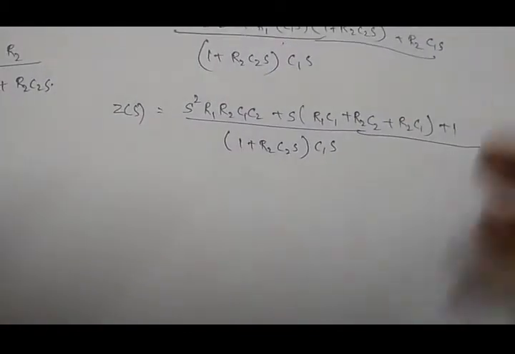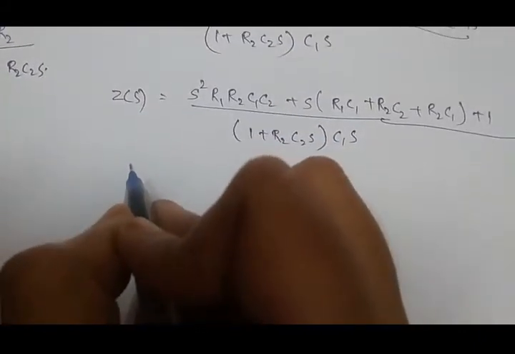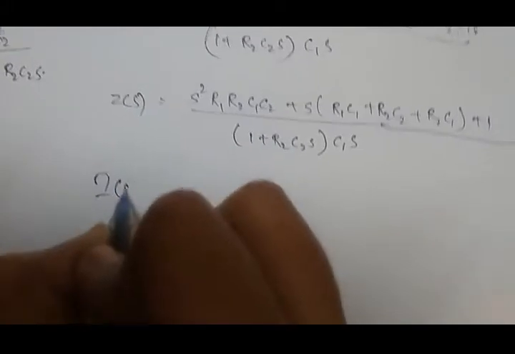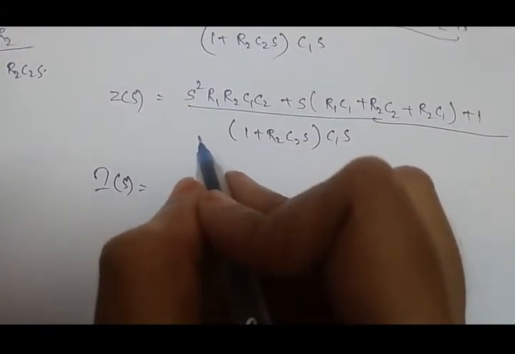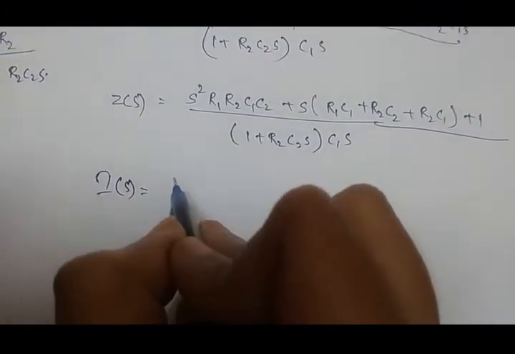Once the closed circuit is formed and current flows through the circuit, I am interested in finding the current in the circuit. So I of S, where I consider V naught as the voltage.